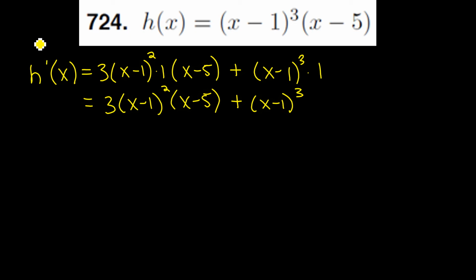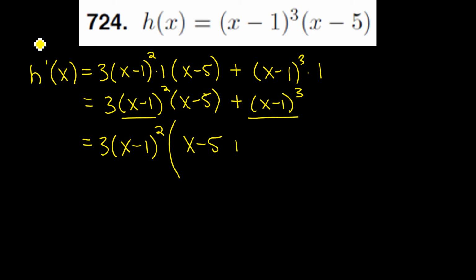The one thing I see that we have in common are the x minus 1s, so I'm going to rewrite this as 3 times x minus 1 squared. Now, what's left inside is an x minus 5 from the first term, and then I'm left with an x minus 1.